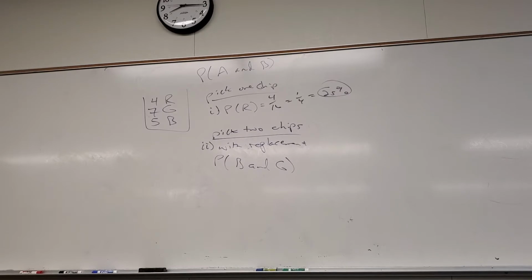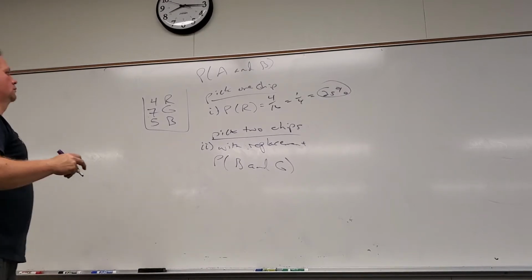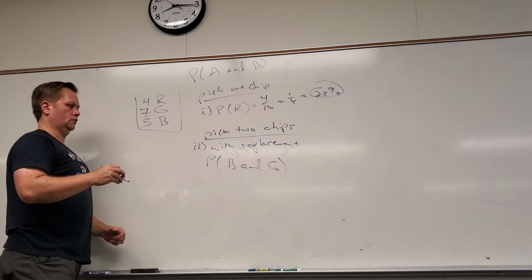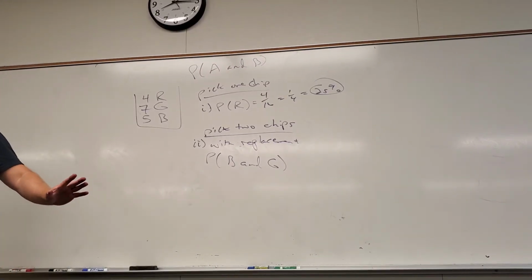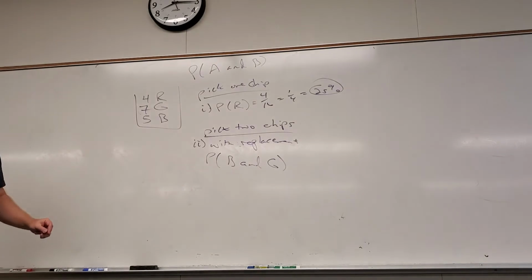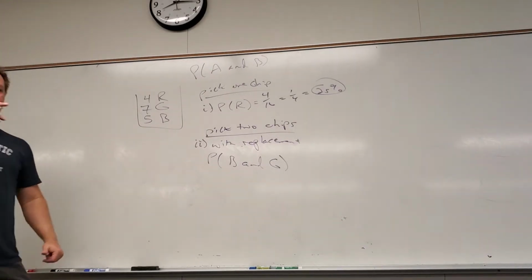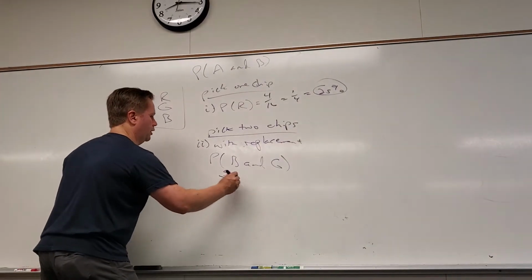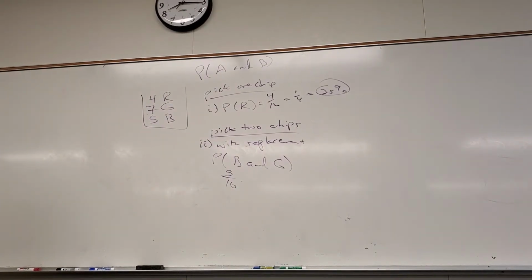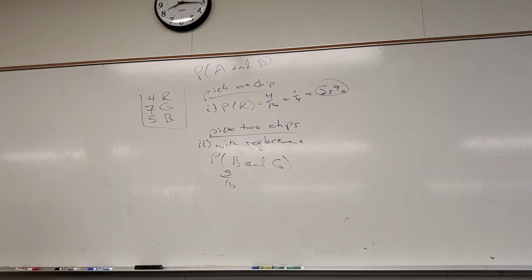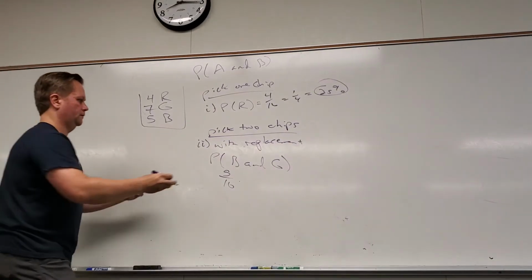What's the probability the first one is blue? 5 out of 16. And then I put it back in. Now what's the probability the next one's green? 7 out of 16. I like it.